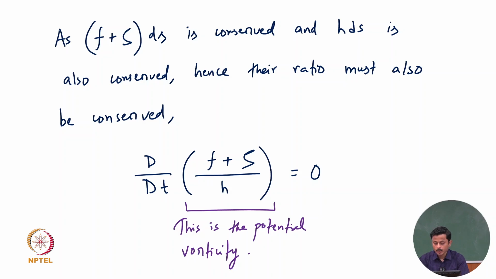How can we be sure that this is a potential vorticity? We can go back to the original form of Ertel's potential vorticity and see if we can derive this kind of form. And if that is so, hence this is one of the forms of the Ertel's potential vorticity. Remember that we have discussed previously also that Ertel's potential vorticity is a generalized concept.